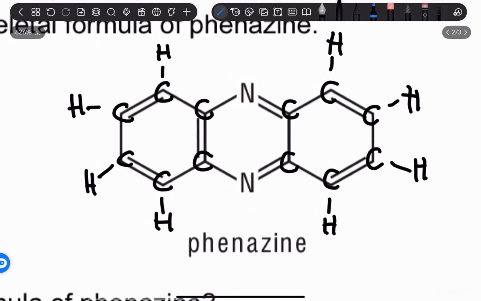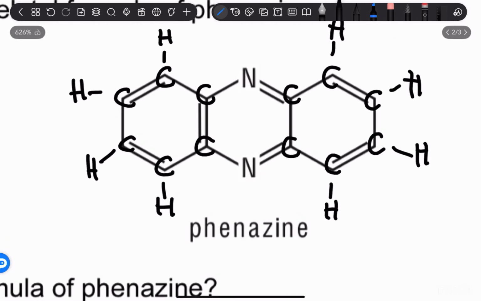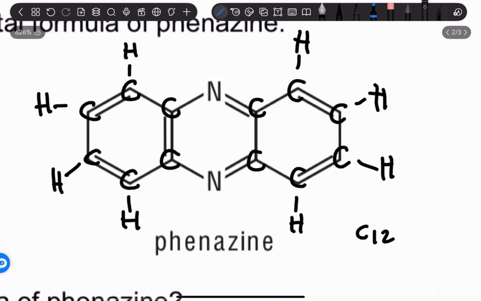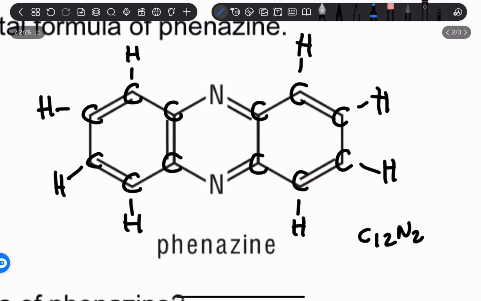So we can count the number of carbon atoms, which is 1, 2, 3, 4, 5, 6, 7, 8, 9, 10, 11, 12. So we have C12. Then we need to count the number of nitrogens first. There's only two, so that's N2. Then we need to count the number of hydrogens.